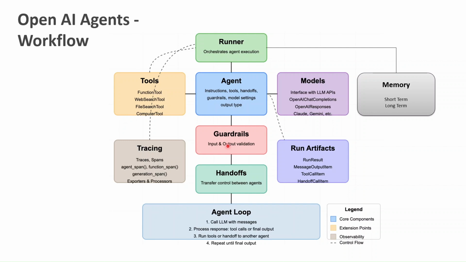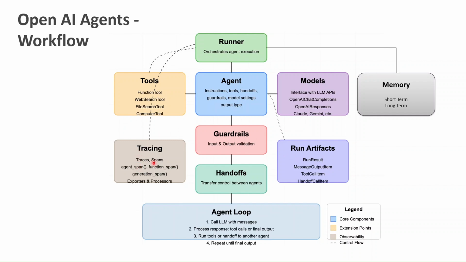Similarly, the output response can be validated, which means our agent should not respond with something it is not supposed to respond with. Then a run artifact, which means that when the runner is complete and the agent has done its job, you can find the result. And then you can have the tool call items, showing what tools have been called and how many handoffs happened. And obviously we discussed the tracing.